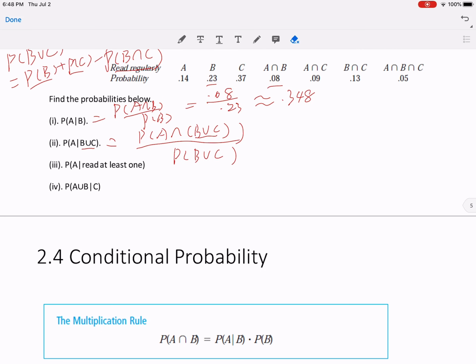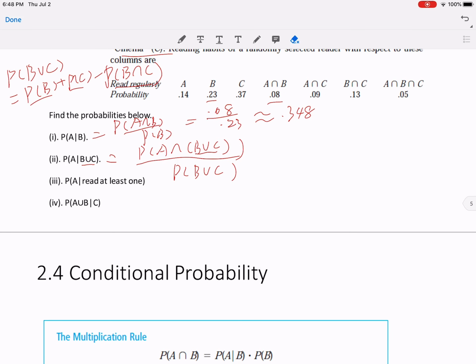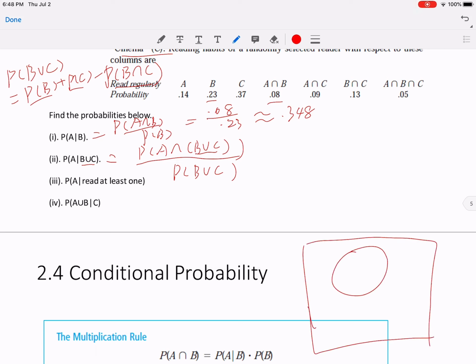I'll draw it over here. So we have A, B, and C. So this is A, this is B, this is C.